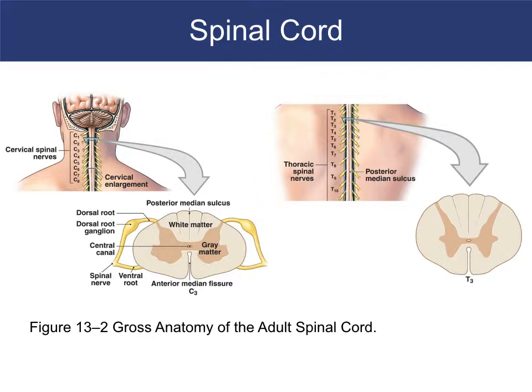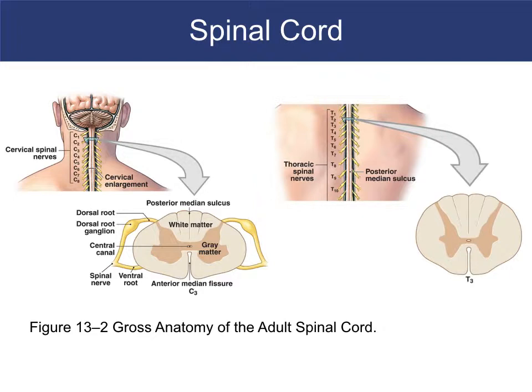So all the motor information, when you want to tell your arm to bend, you make that decision somewhere, and the motor fibers are carried out through the ventral root here and then hook up into the spinal nerve. This is the spinal nerve here. And remember that spinal nerves are always mixed nerves. They have both motor and sensory, as you can see from those two contributions.